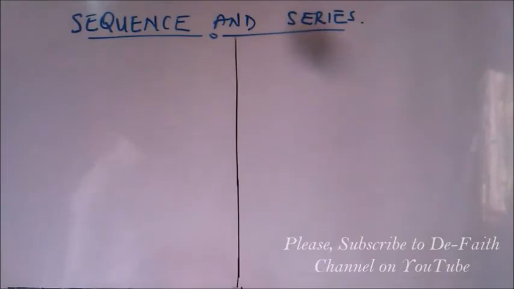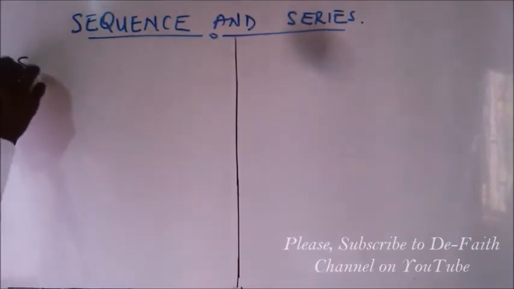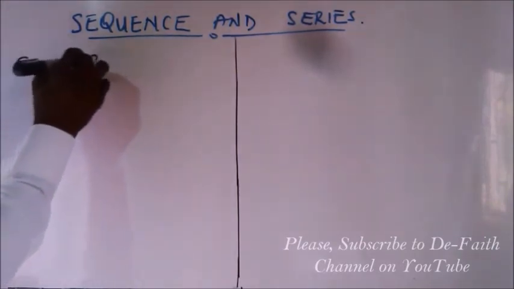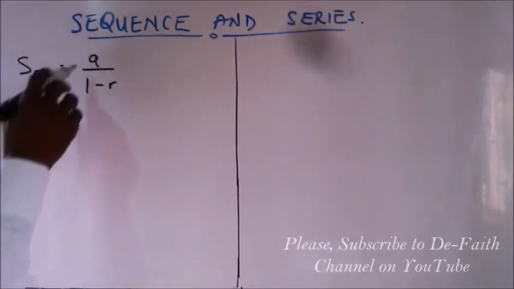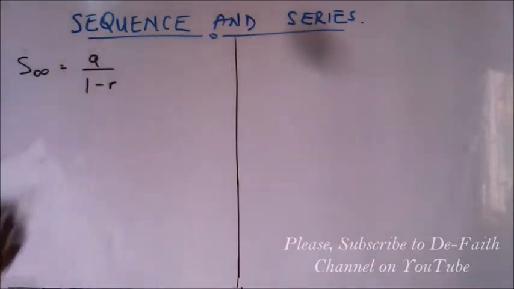Alright, so next question. Find to infinity the sum of the sequence 1, 9 over 10, 9 over 10 squared, 9 over 10 cubed, and so on. We have that sum to infinity equal to a over 1 minus r, where a is the first term and r is the common ratio.